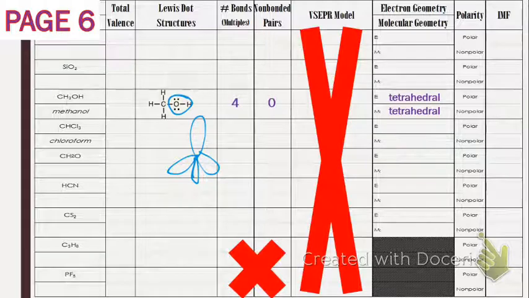It's going to kind of look like this squid shape here. It's just going to have a little bit more because it has the O and the H, but it's still going to be that same basic tetrahedral. So, finish up the rest of these examples and those molecules on page 6, and be ready to go over polarity and IMF in class.